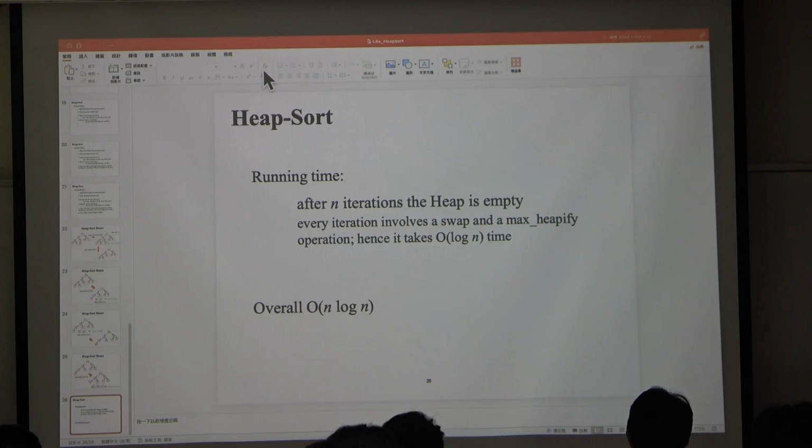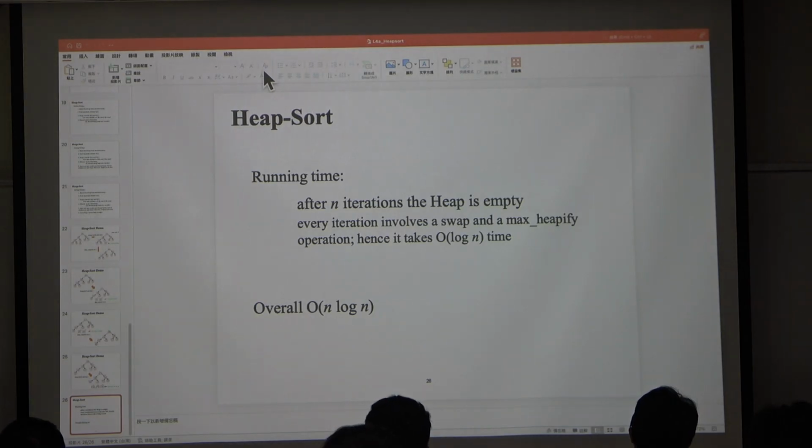But heap sort is guaranteed to run in big O n log n, which is very nice. So if you want to have a performance guarantee, and you don't have additional space, then heap sort is the best choice for you.